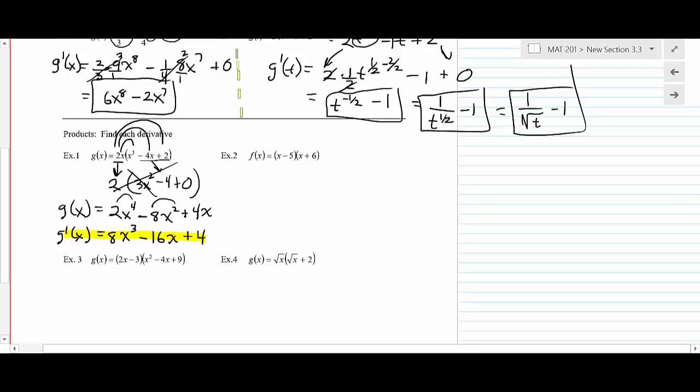Well, no, on this problem, if you did several more derivatives, eventually you'd get to 0. And it'd stay 0 forever. Okay, we'll get there.